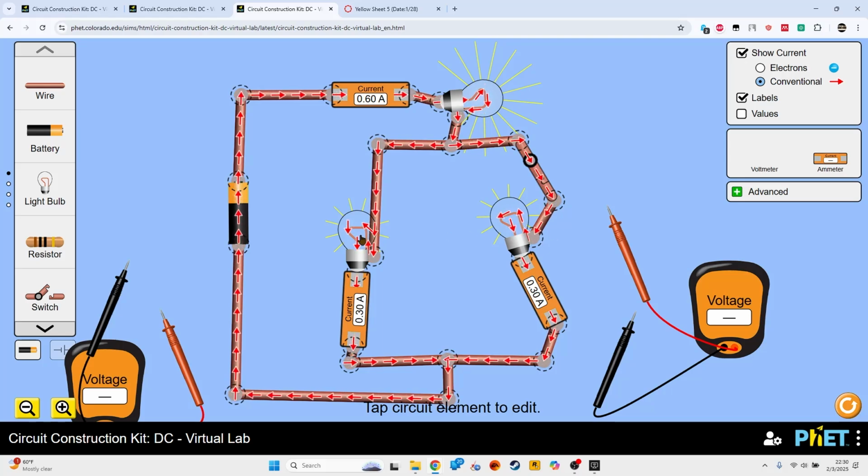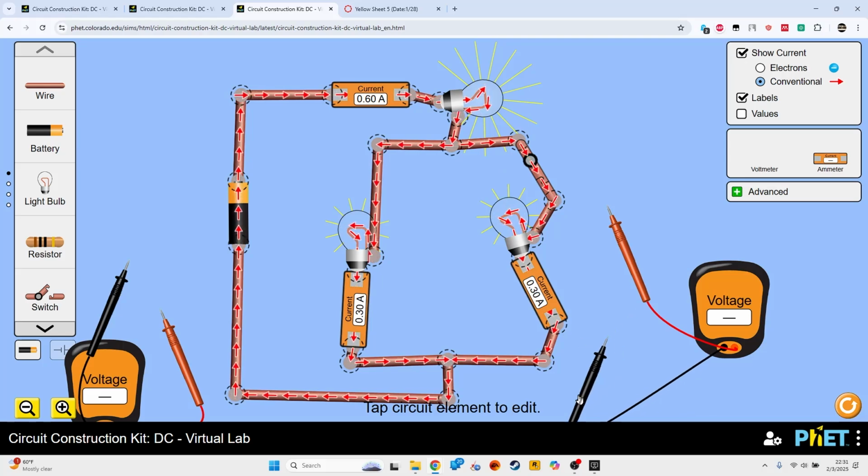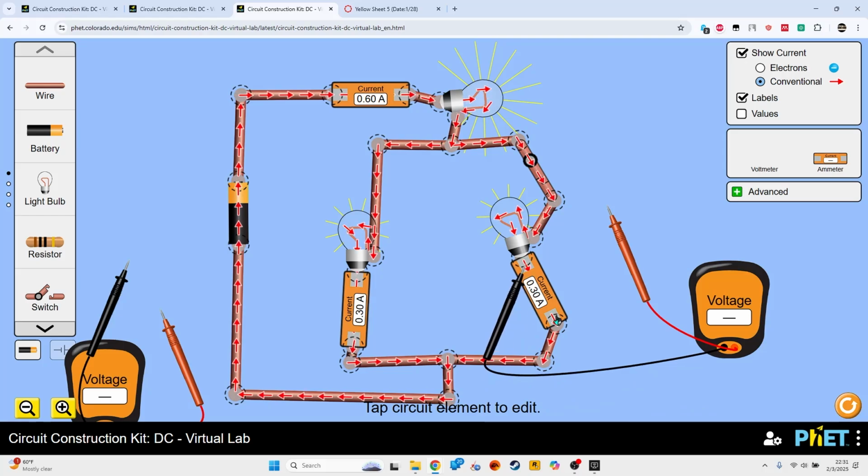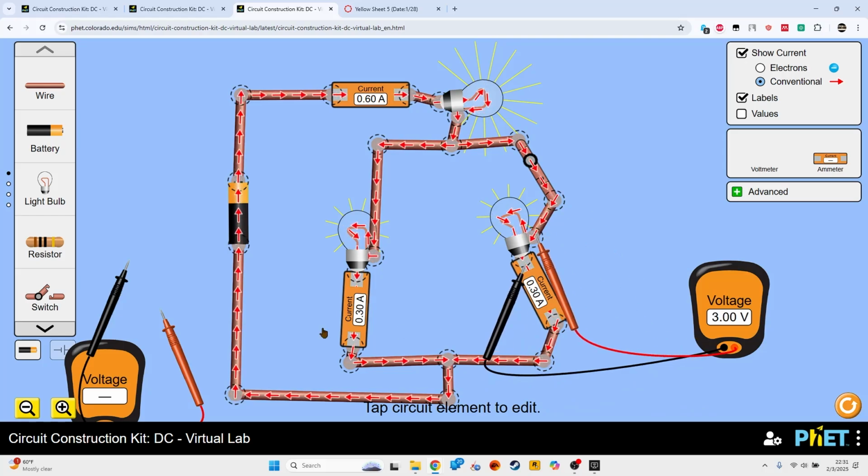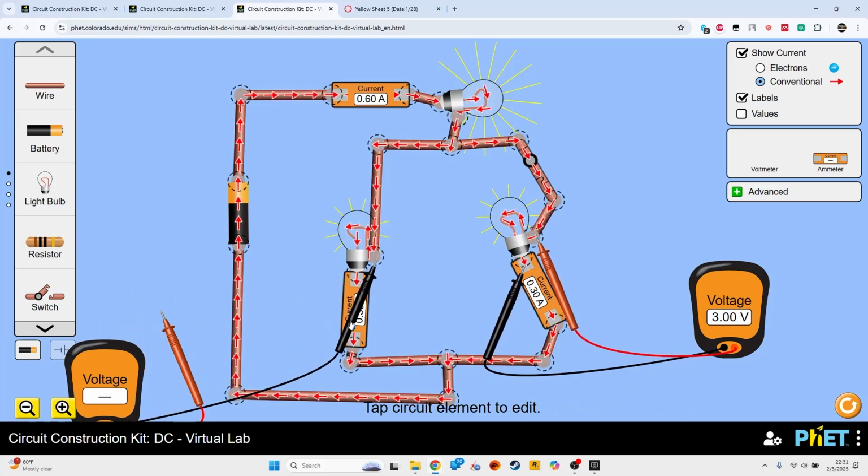It is just because these two light bulbs are of the same kind that the current division is equal. But it is always true that in a parallel circuit, as we learned, the voltage is the same. If I measure the voltage across this light bulb, that is 3.0 volt, and the voltage across this light bulb is also 3 volt.